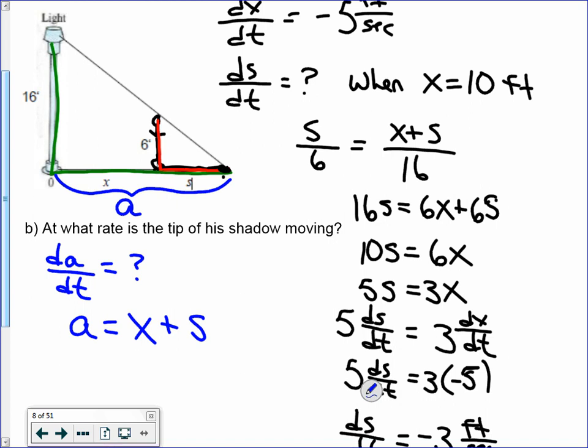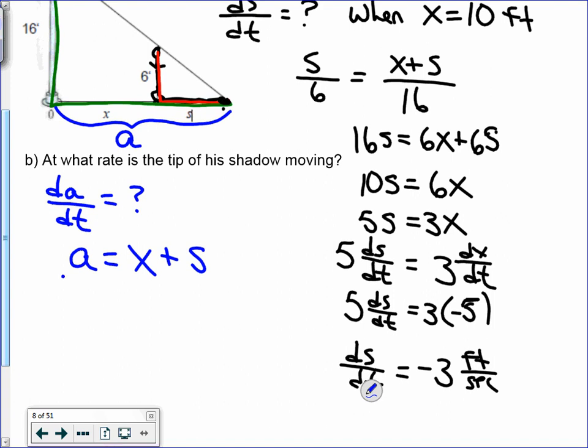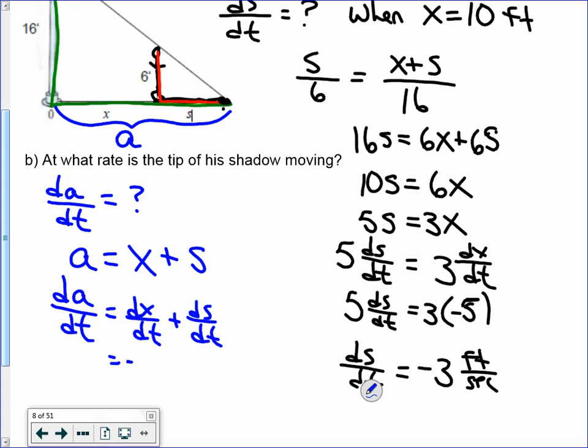We just figured out ds dt. So when we differentiate, dA dt, the rate at which the shadow tip is moving, equals dx dt plus ds dt. And remember, dx dt was negative 5 and ds dt was negative 3.